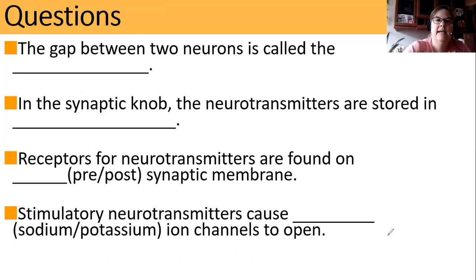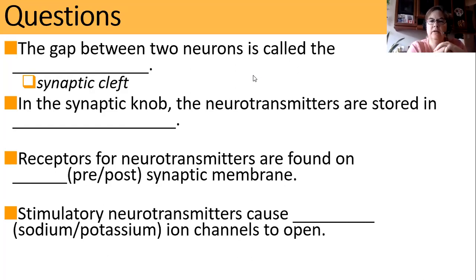All right, the gap between two neurons, okay, not between Schwann cells, but between two neurons is called what? Excellent, the synaptic cleft. In the synaptic knob, neurotransmitters are stored in.